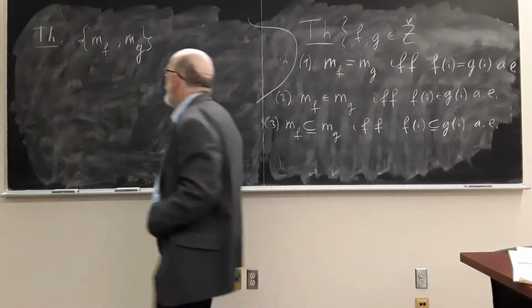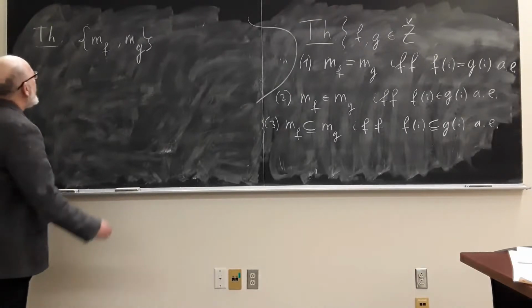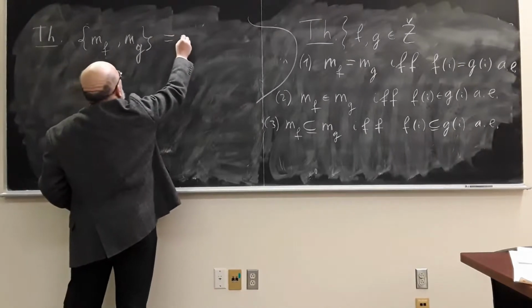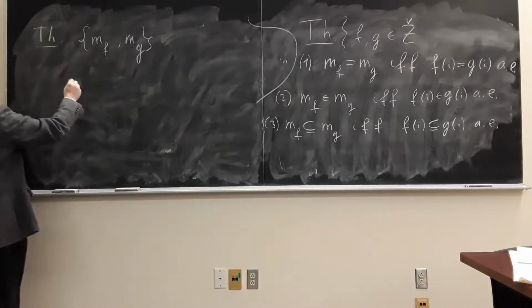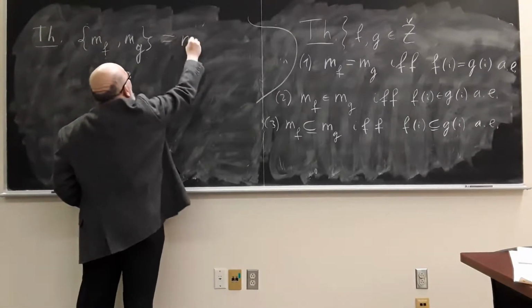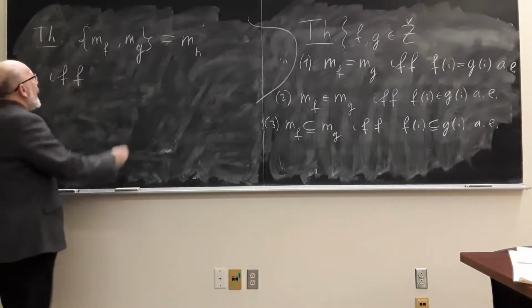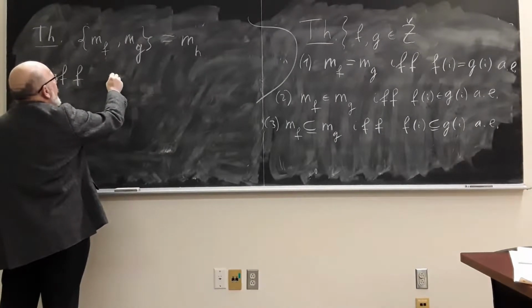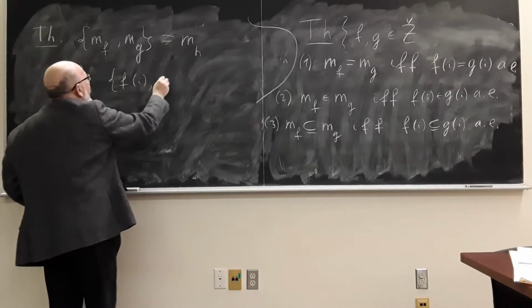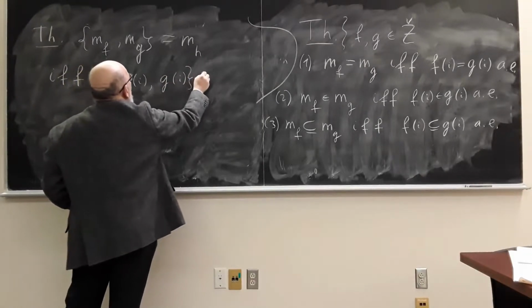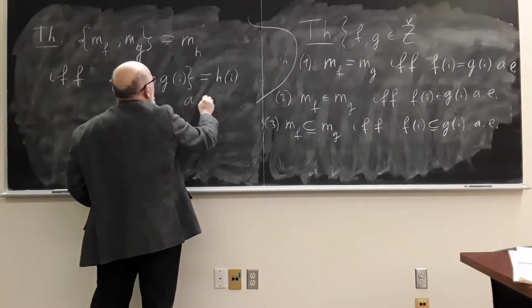So, the theorem says that the pair {MF, MG} equals MH if and only if {f(i), g(i)} equals h(i) almost everywhere.